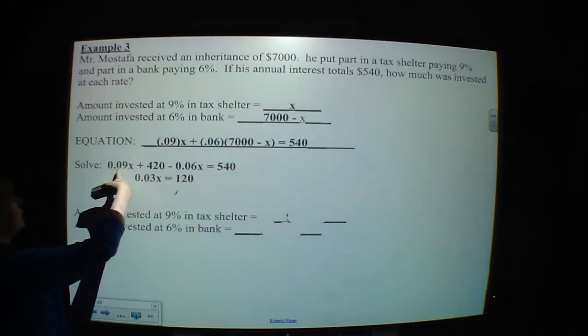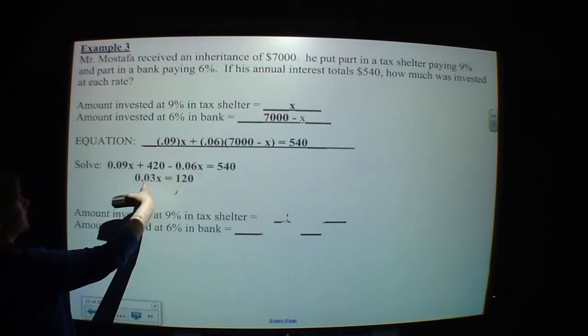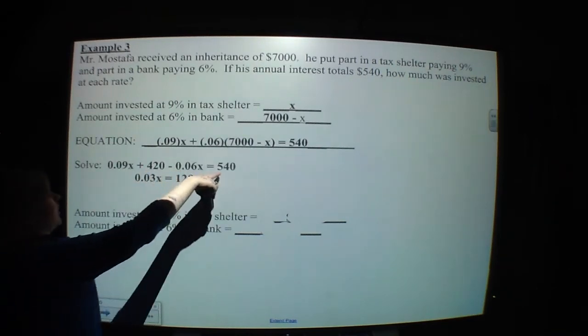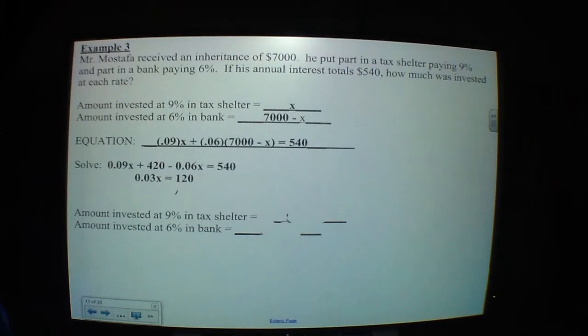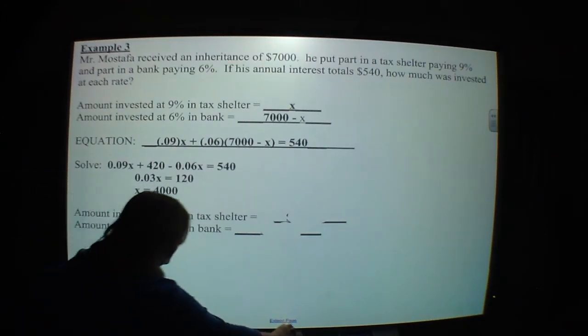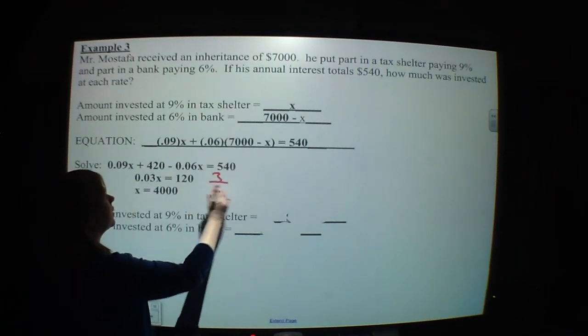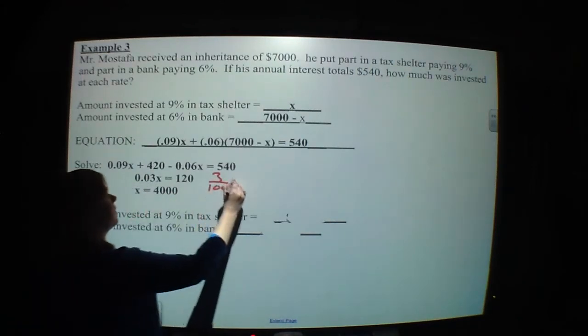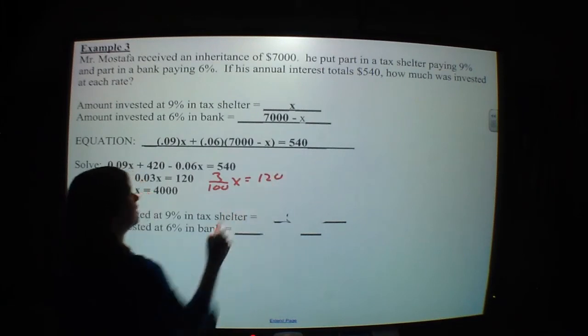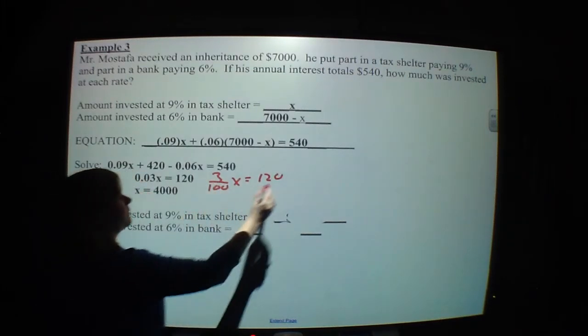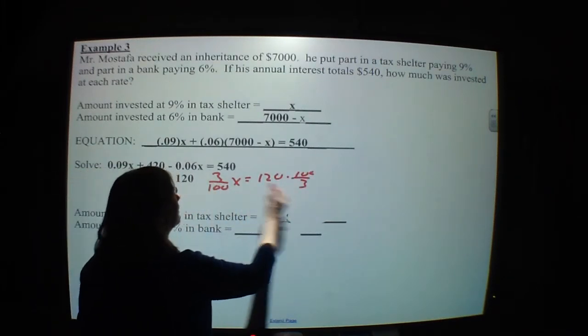So 9% minus 6% is your 3%. 540 minus 420 is 120. And if it's easier for you, write this as 3 over 100. And you might be able to do the math easier.